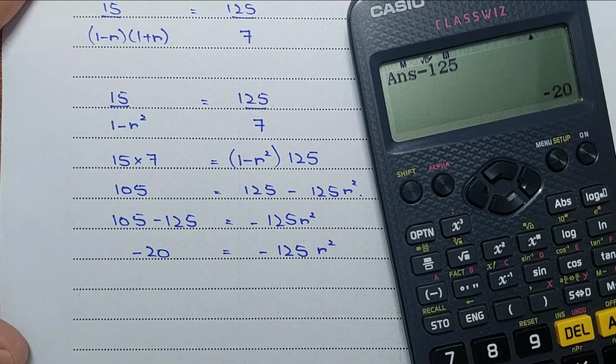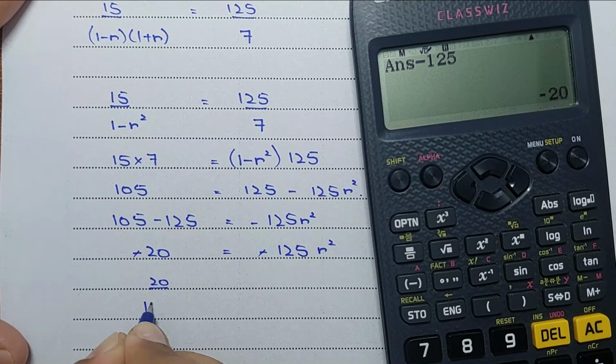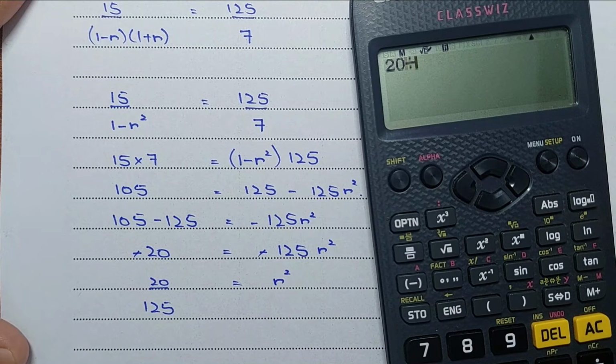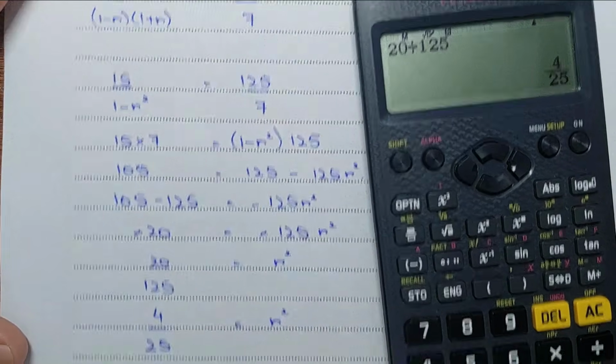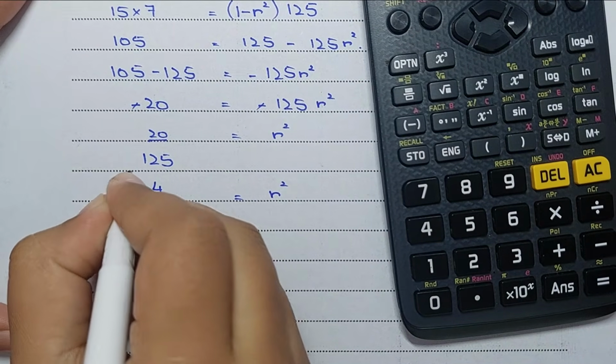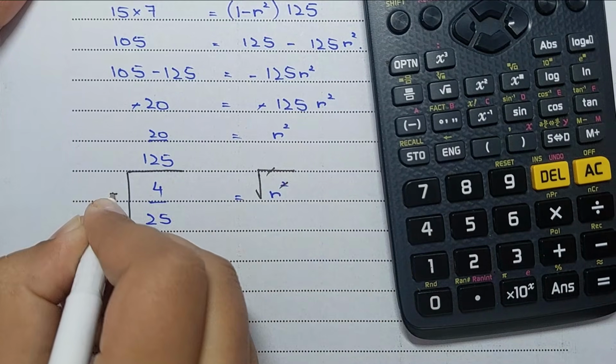Okay, so we can divide both sides. Negative is cancelled with negative. 20 divided by 125 is 4 over 25. This is your r square. Now taking a square root on both sides, the square and the square root cancel out.